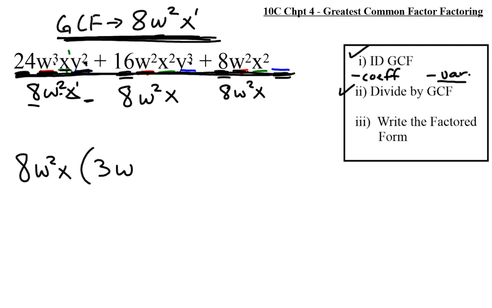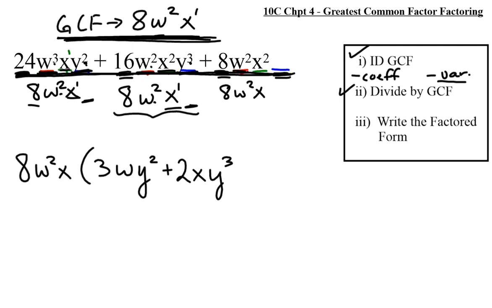Y squared divided by nothing leaves us with a y squared. And I need to do that for the next term as well. 16 divided by 8 is a positive 2. W squared divided by w squared is a w0. I don't need it. X squared divided by x1, 2 minus 1 leaves me with an x1. Y cubed divided by nothing, still have a y cubed.